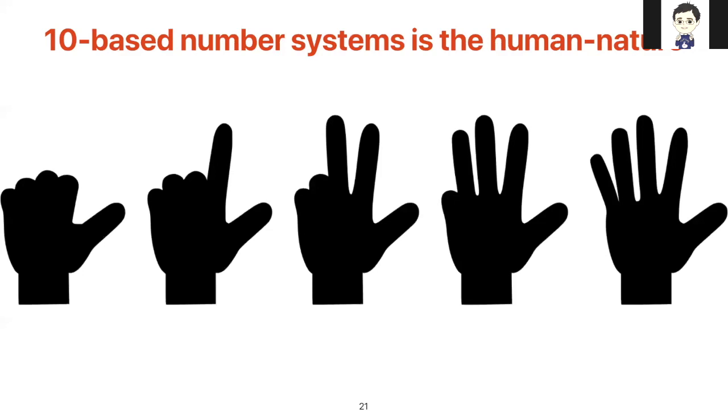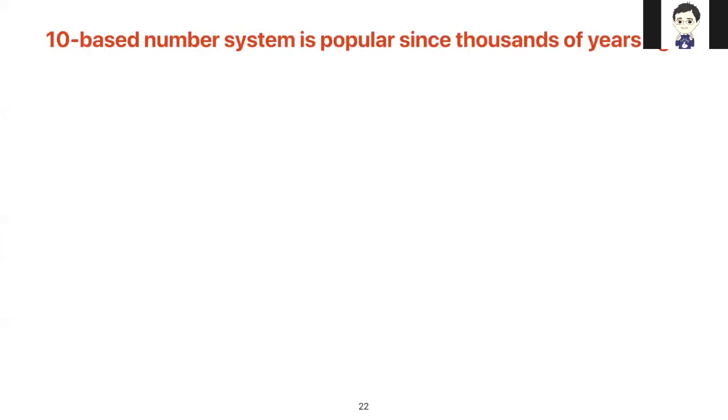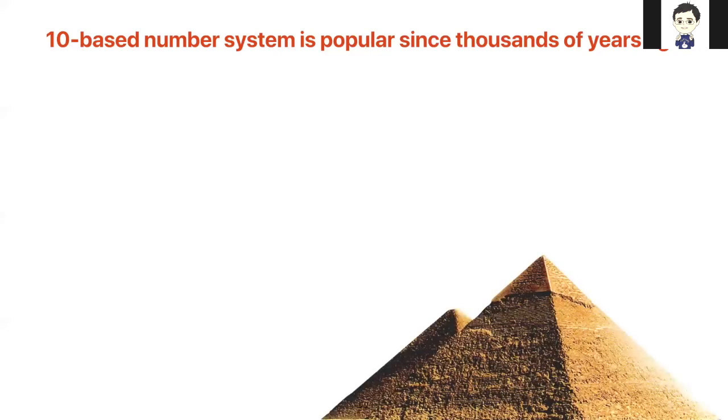The very basic numbering system that comes from human nature is the 10-based number system. Because the majority of human beings have 2 hands, and 5 fingers on each hand, that's why the 10-based number system has been popular since thousands of years ago. For example, in Egypt, they had this number system.